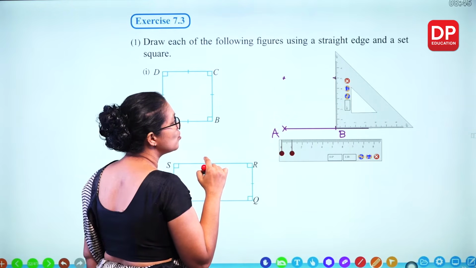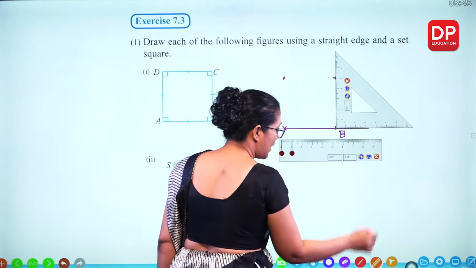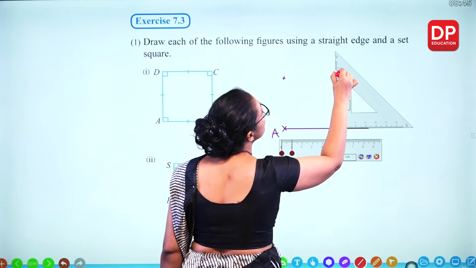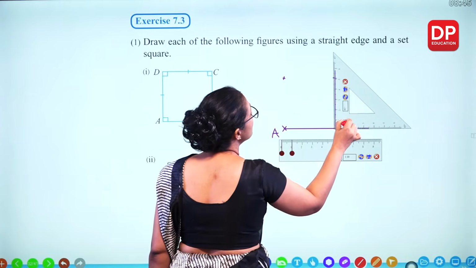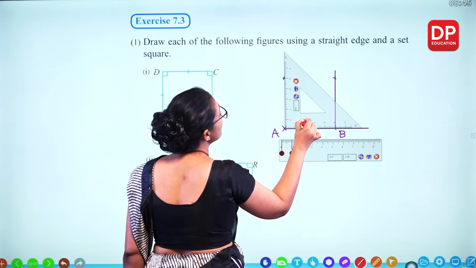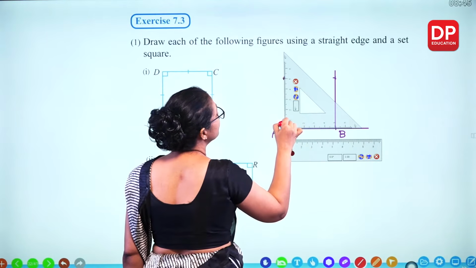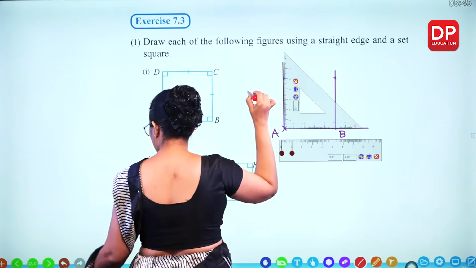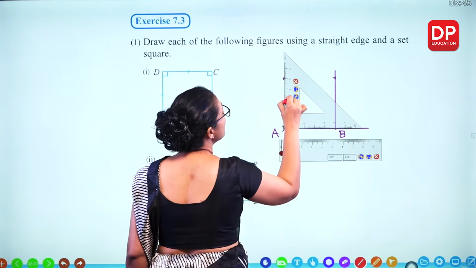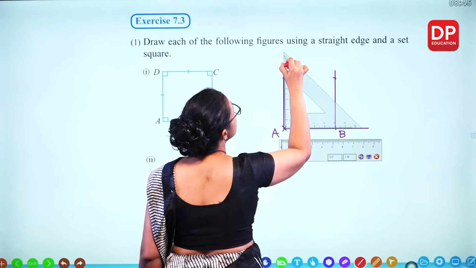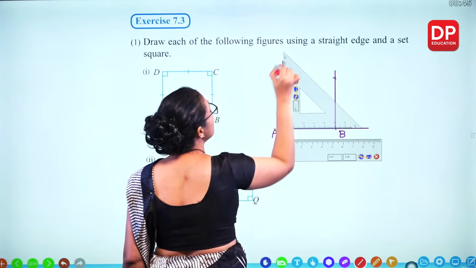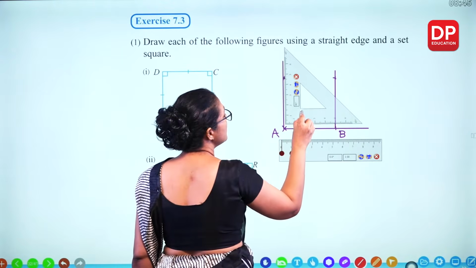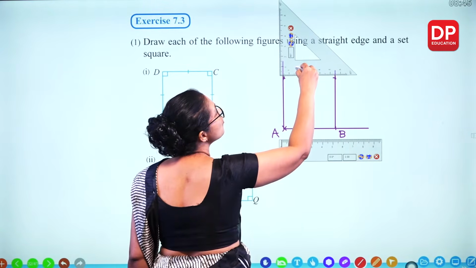And what I can do? So first I can draw the perpendicular line here, and here also I can draw the perpendicular line. And I can draw the perpendicular line like this. And what I can do, I can take the ruler or the set square and connect these 2 points as well.